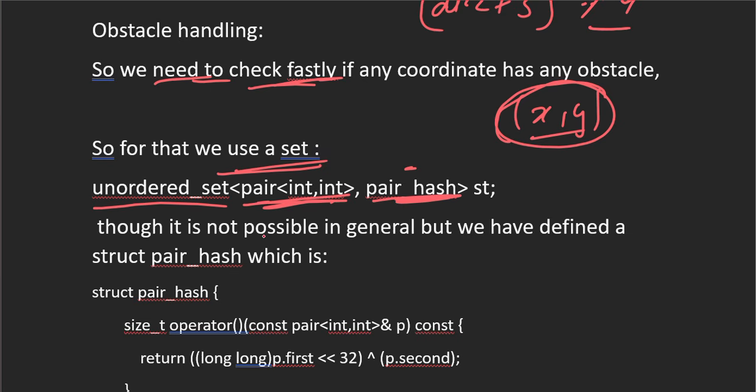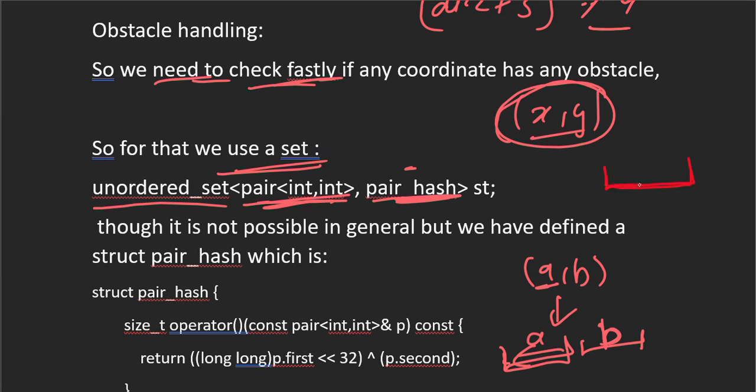This structure will take the pair a comma b, and then it shifts the first part, that is a, by 32 bits. Like the first 32 bits is a, and then the next 32 bits is b. So basically in the set there is a single number stored, but the first 32 bits are of a and the next 32 bits are of b, right?